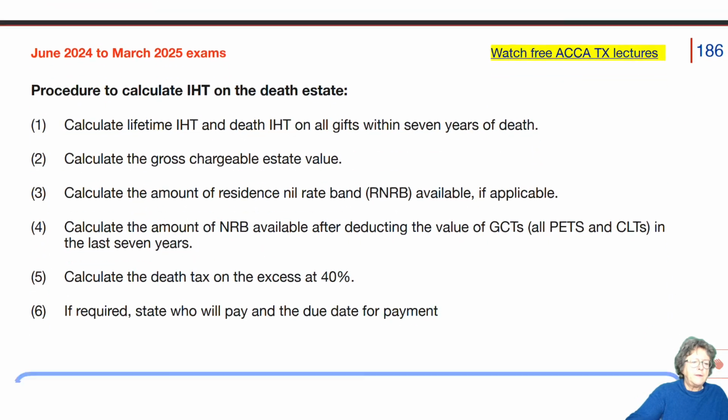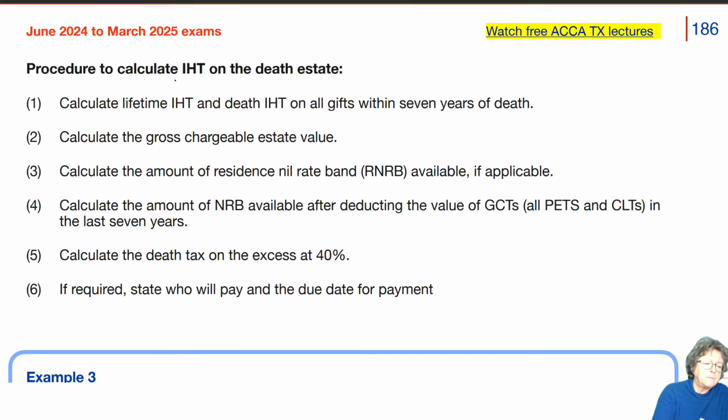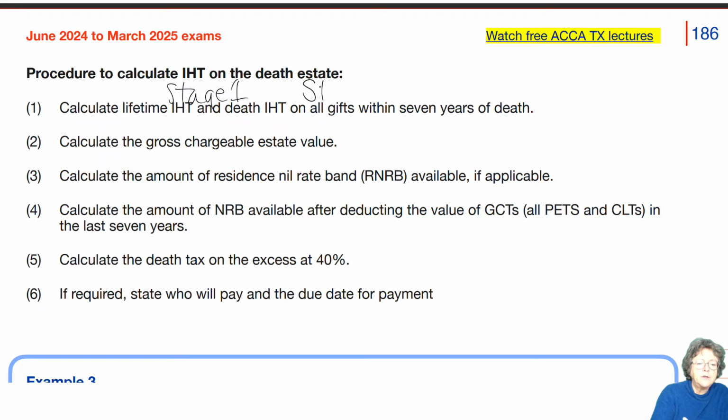Then to work out the IHT on the death estate, you work out the lifetime tax, stage 1, and the death IHT on all gifts within 7 years, stage 2. You won't get a complicated stage 1 and a complicated stage 2 and a death estate, as I've told you before.